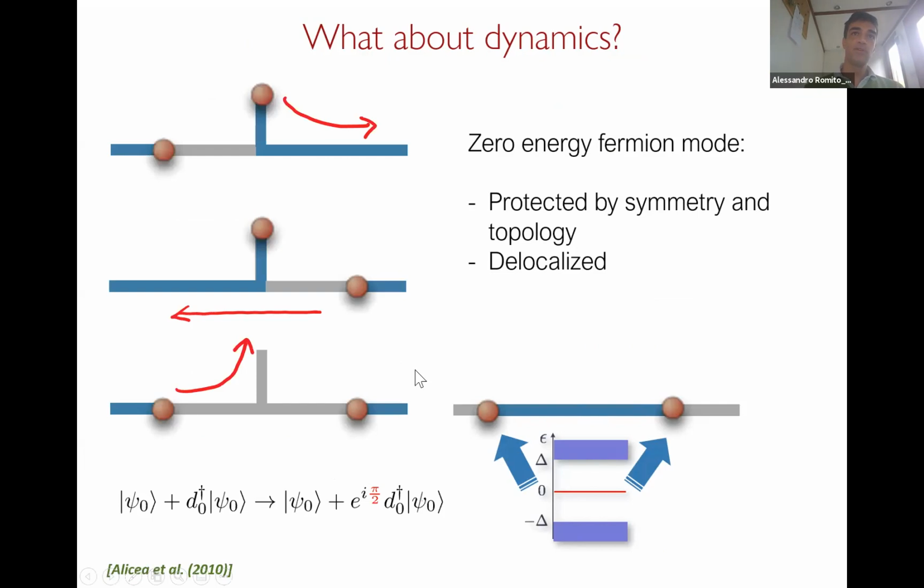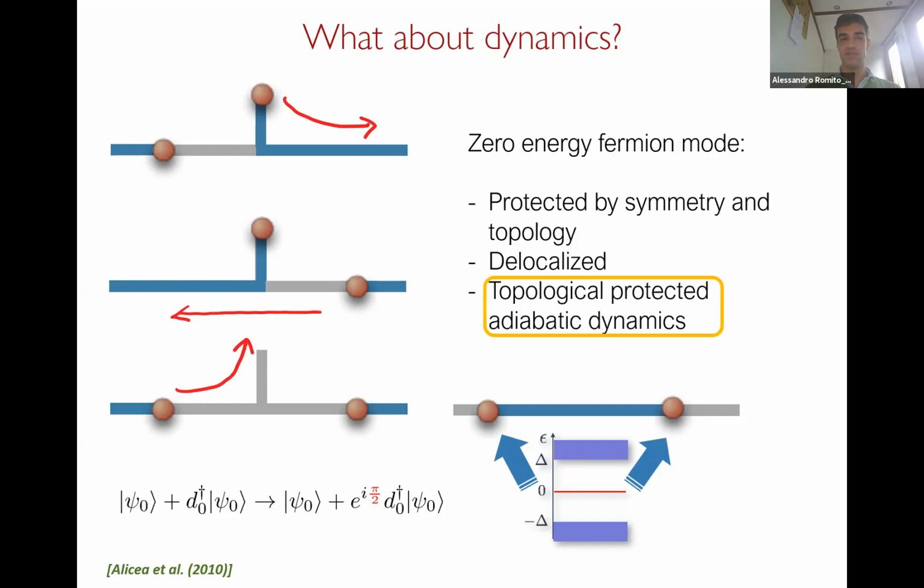As I said before, there's more to that, and this is braiding. So the fact that you can manipulate this system, and this manipulation is probably the direct manifestation of the topological properties of the system.